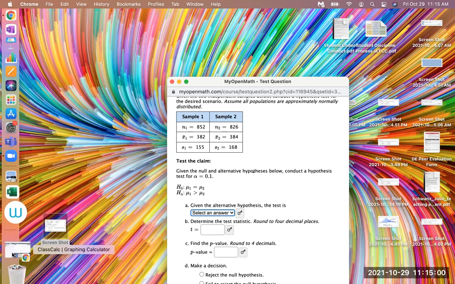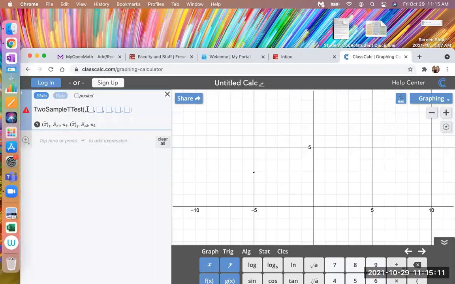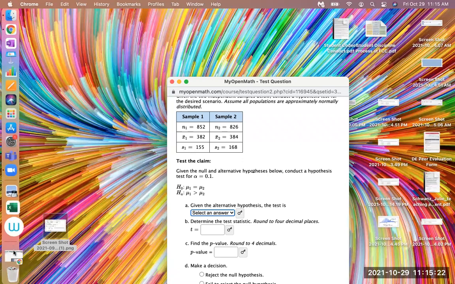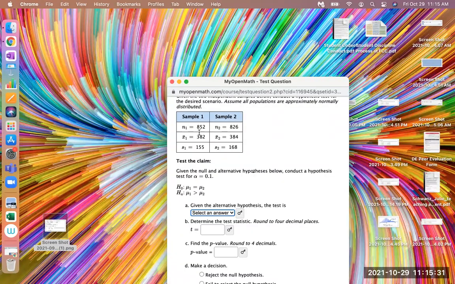All right, I'm going to put in my sample 1 population. The x bar here is 382. Then they want the standard deviation of the first population, which is 155. Then the sample size of the first population, N1, which is 852.